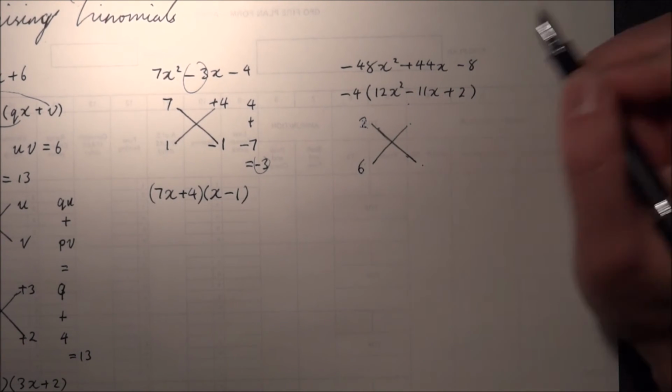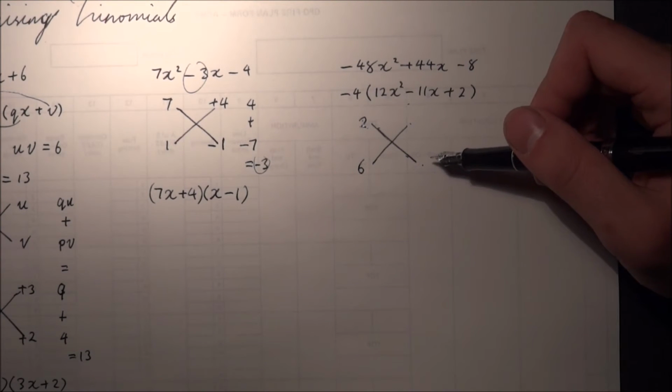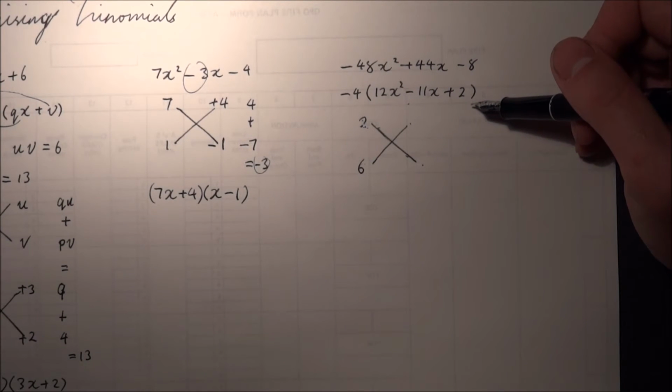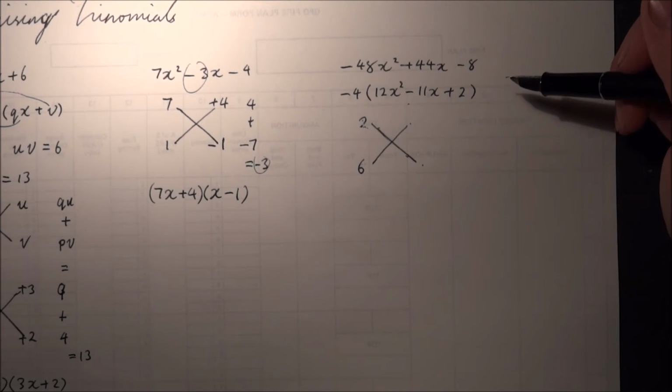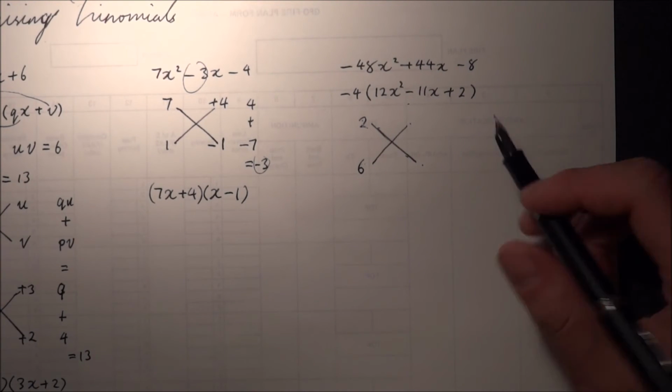And these numbers have to be factors of 2, because 2 is prime, so obviously it's 2 and 1. And we're trying to make negative 11 here, so most likely both of these two numbers will be negative.